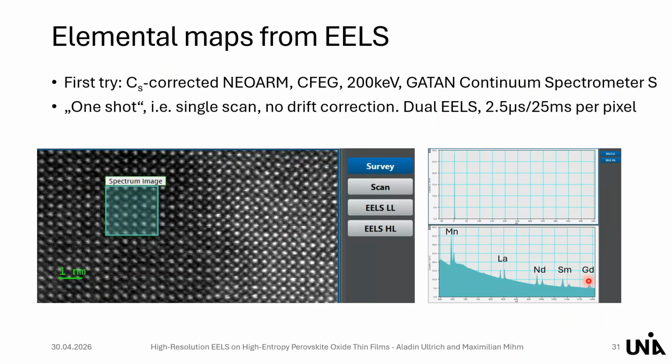The yttrium was not collected because the energy loss is at much higher values, so we couldn't get this in the same spectrum. But we will see later on. We have seen on different measurements that it's also present, of course.